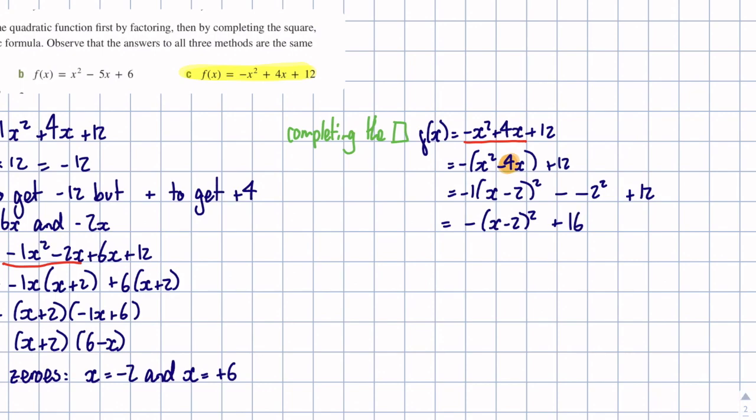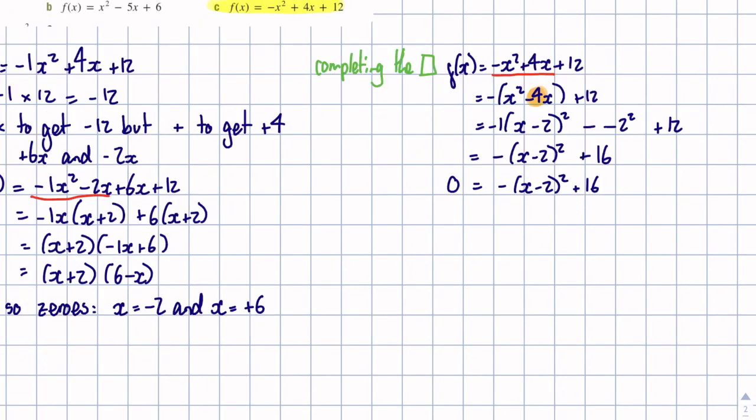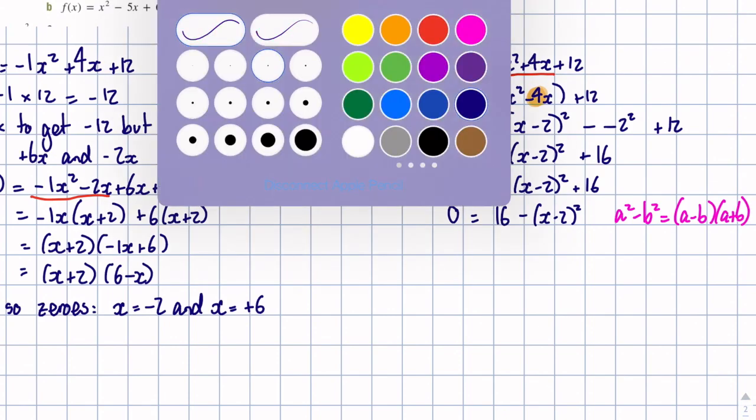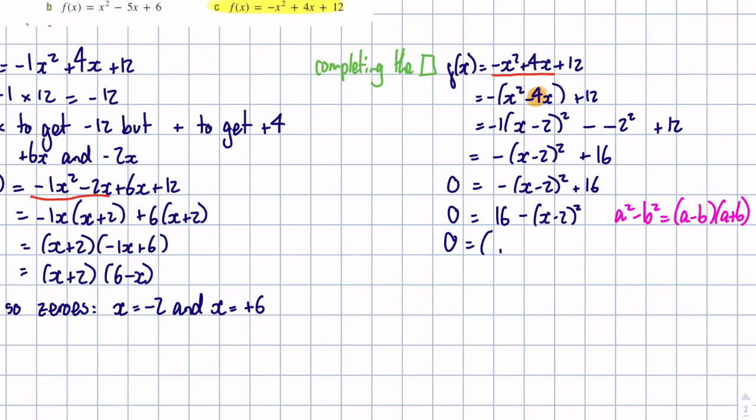And therefore, if I have 0 equals negative x take 2 squared plus 16, I'm now going to divide everything by negative. Oh, actually, no, I'm going to rewrite this as 0 equals 16 take x take 2 all squared. Now this is in the same form as a squared take b squared, so I'm going to factorise it to a take b, a plus b, which means I then get 0 equals 4 take x take 2, 4 plus x take 2.